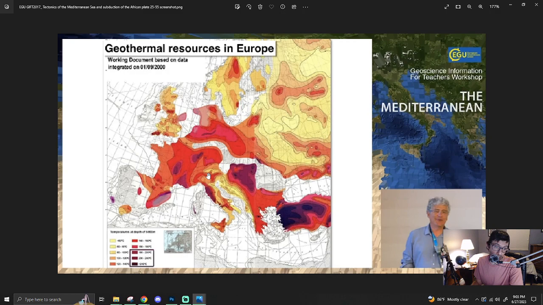Geothermal resources in Europe. I found this pretty interesting. It's really hot comparatively under Turkey, like approaching where the eddy was, as well as where it went through this region.